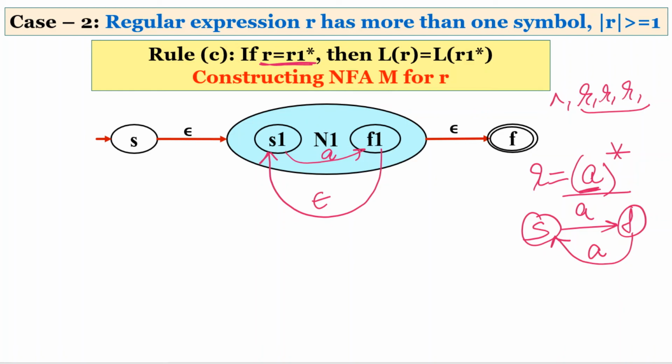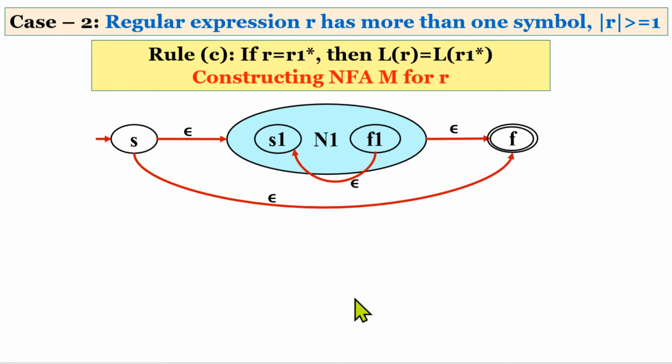Next, this is the way we can have multiple occurrences of the expression, but as null is also acceptable, we need a move from the initial state to the final state without reading any input symbol, to accept null.